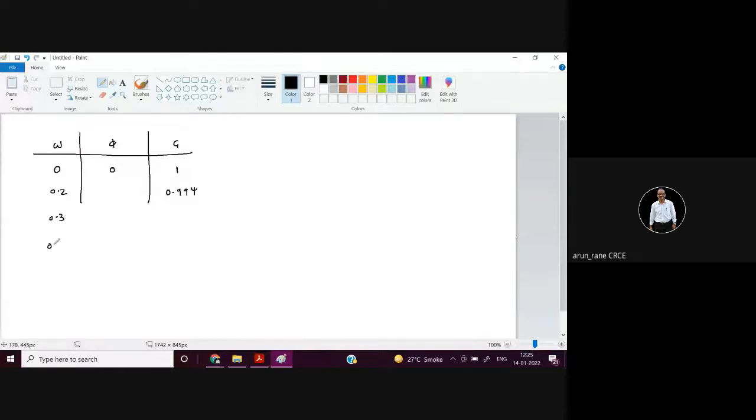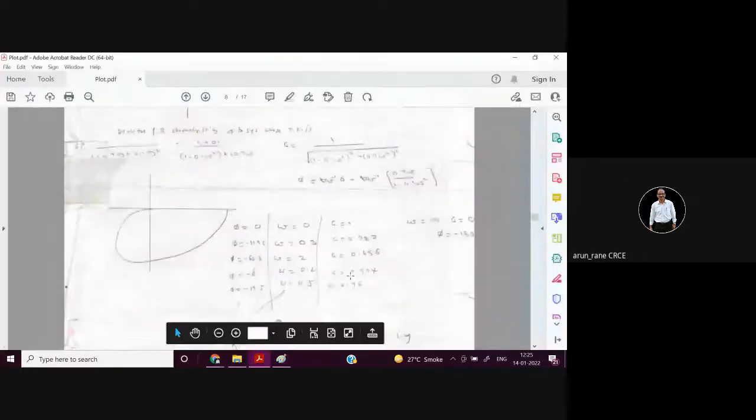Now, what are the values of G? You can check this. For 0.3 it is 0.987 and this is 0.96.